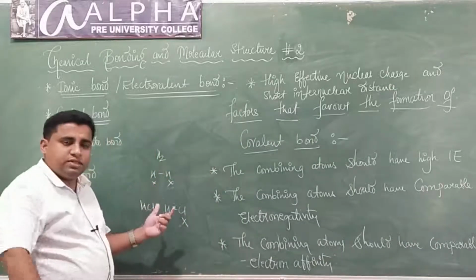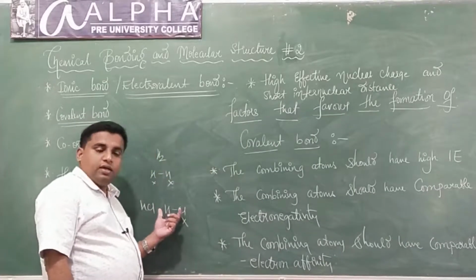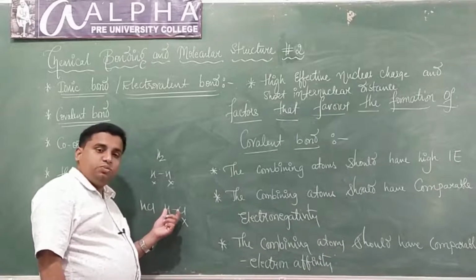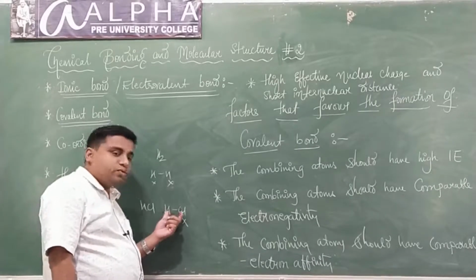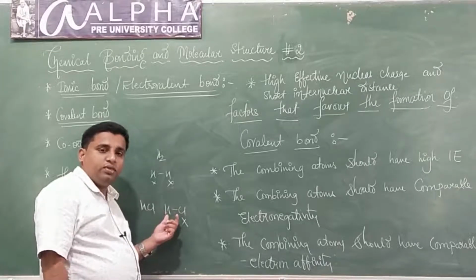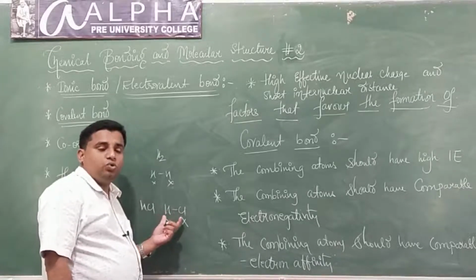Internuclear distance means bond length. The distance between the nuclei of the two atoms is called bond length. So they should have shorter bond length and high effective nuclear charge.